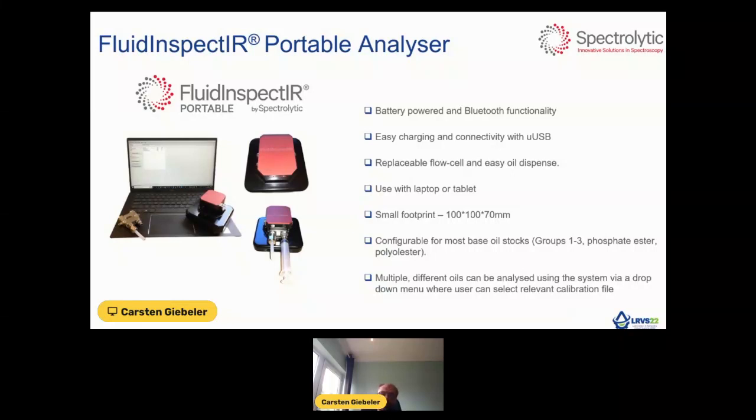In principle, you can measure multiple oils with 1 system. So these systems will then be set up as described before, and you will have a drop-down menu where you select the correct calibration file, and then you load the sample and the results are displayed.